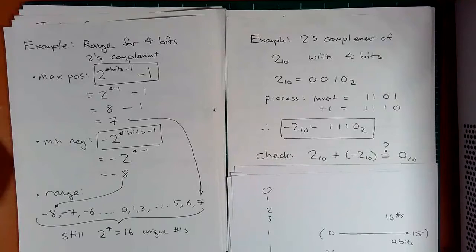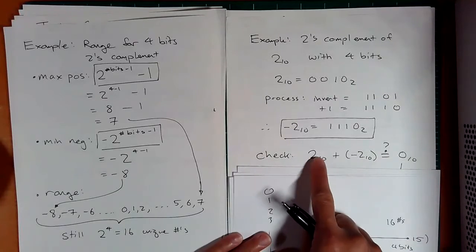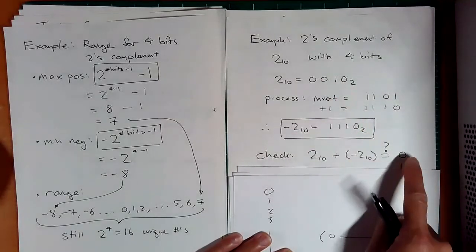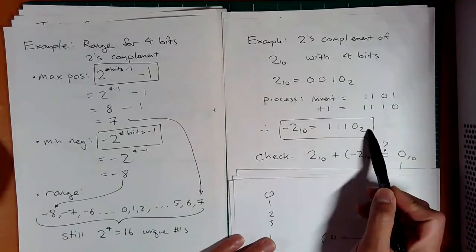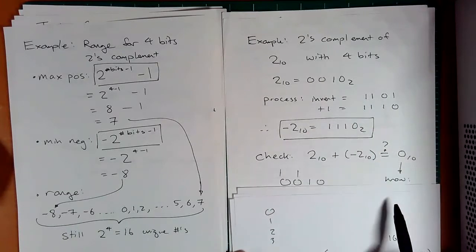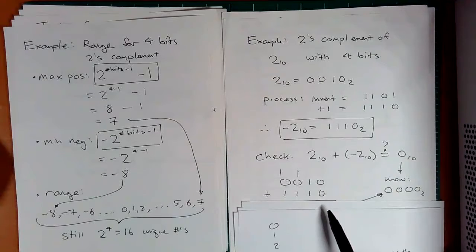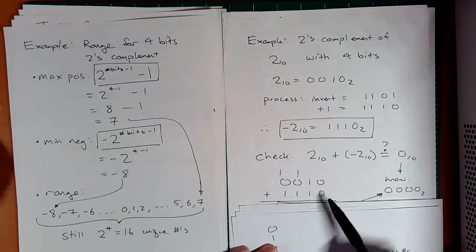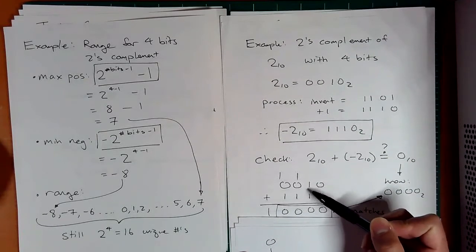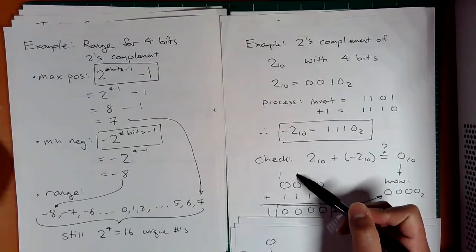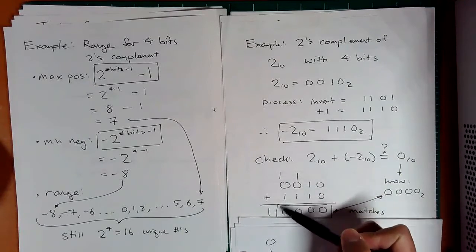Okay, now how can we check? Can we see if we add these two numbers, do we get 0? Let's double check. So we're going to take this number plus this number and see if we get 0. So 0, 0, 1, 0 and 1, 1, 1, 0. So what do we get? 0 plus 0 is 0. 1 plus 1 is 10. 1 plus 1 again is 10, and 1 plus 1 is 10.